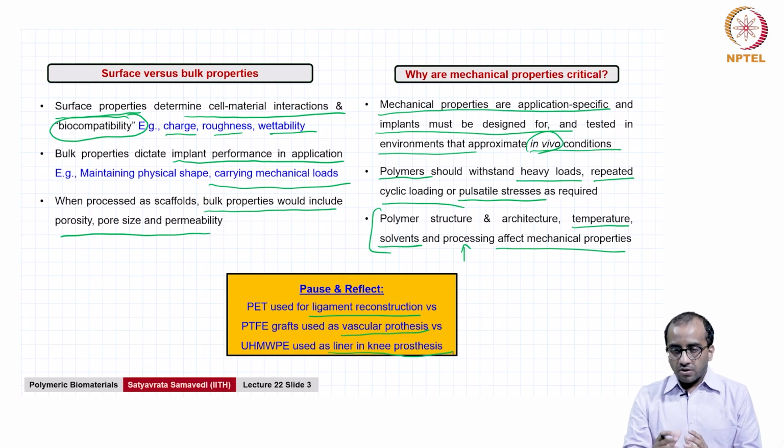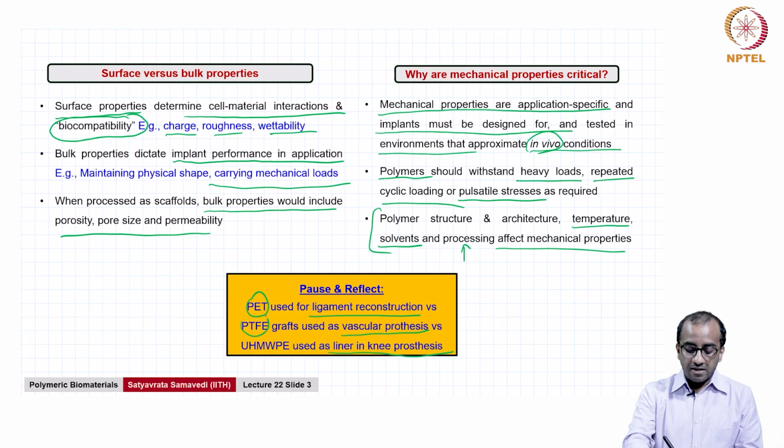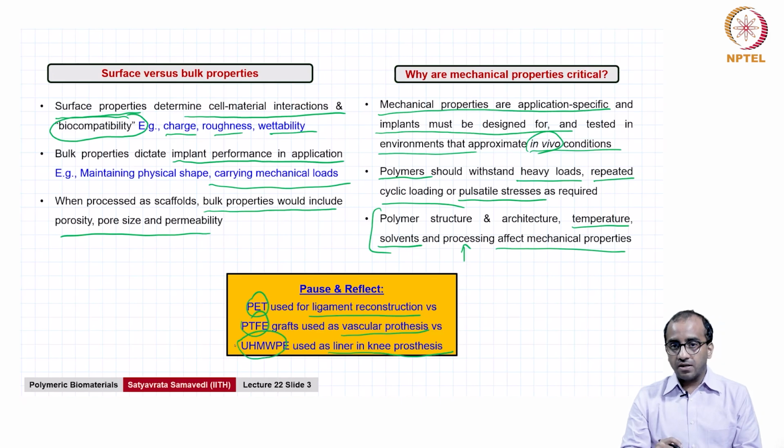Now, based on the concepts we have seen so far in structure property relations, temperature solvent effects, and under biomedical polymers, can you try and see if you can justify why PET, PTFE and ultra high molecular weight polyethylene, all of which we have looked at in detail, are used for these applications?